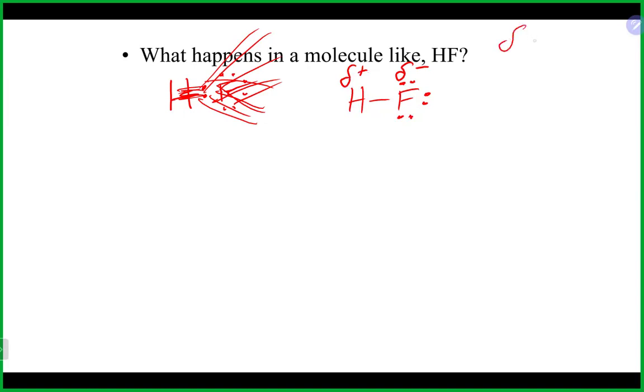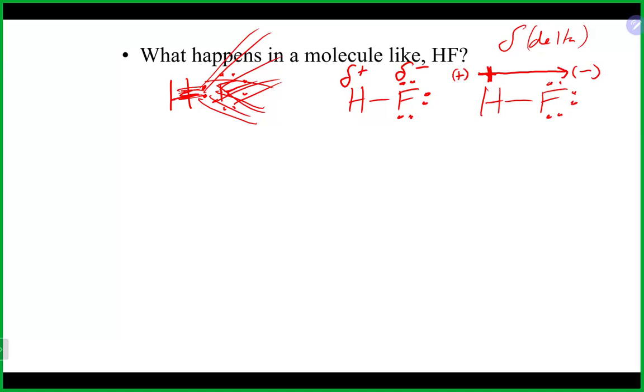That's a delta symbol. We could also represent this difference with an arrow, which is sometimes referred to as a bond dipole arrow. This arrow always points towards the side that is more negative in the bond. And this back part that makes a plus sign is on the more positive side of the bond.